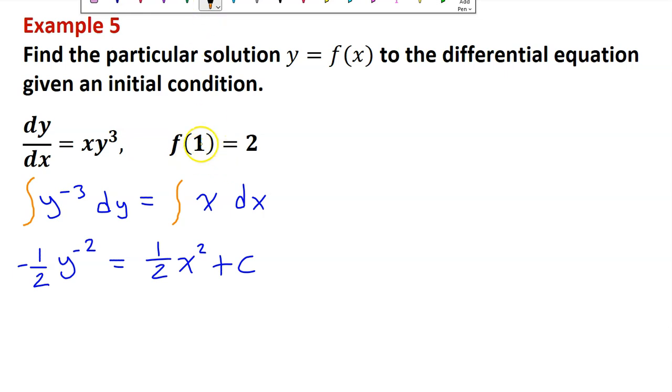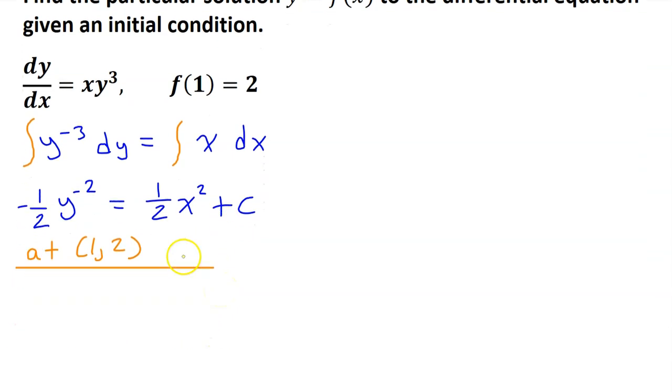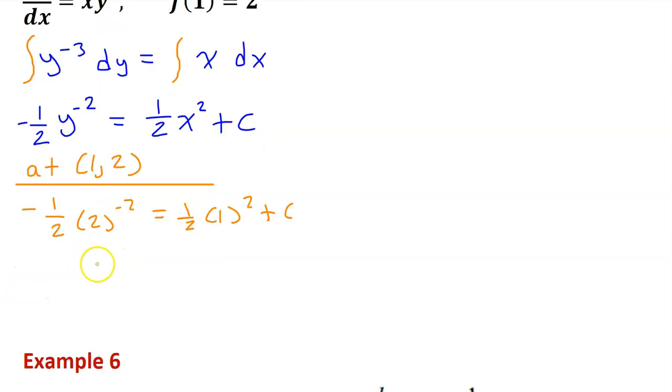Here's where we use the initial condition to find the value of c. So go ahead and say at the point 1, 2, and then substitute 1 for x and 2 for y. So now we have this.